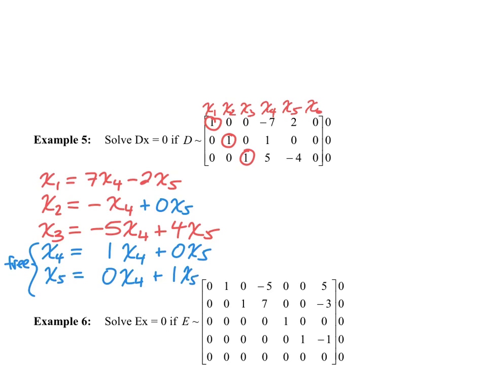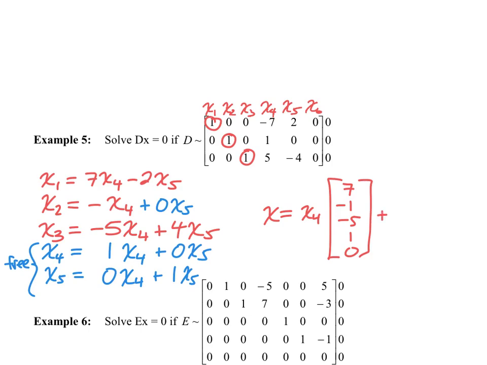And in that way, I think it's a little bit easier to see that x should be x sub 4 multiplied by 7, -1, -5, 1, and 0. Assuming I copied numbers down correctly.